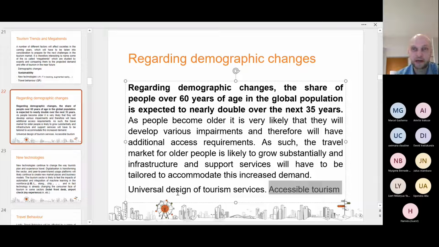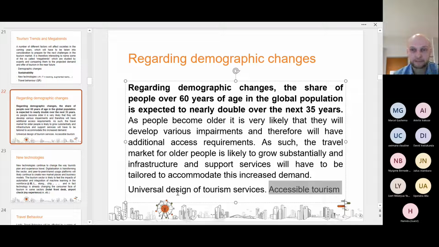So what is accessible tourism? It is a special paradigm based on universal design of tourism services that take into account the involvement of tourists that could have some disabilities. So tourists with disabilities should also have the opportunity and chance to travel with comfort.